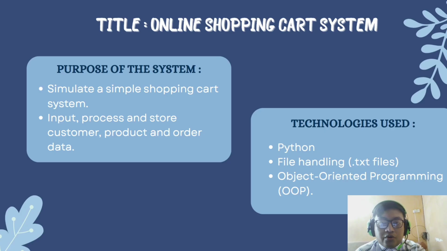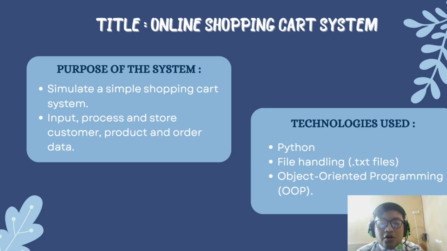From adding products and registering customers to placing orders and calculating the final total cost, it is a great example of how we can manage data and logic using simple Python code and apply object-oriented programming principles.